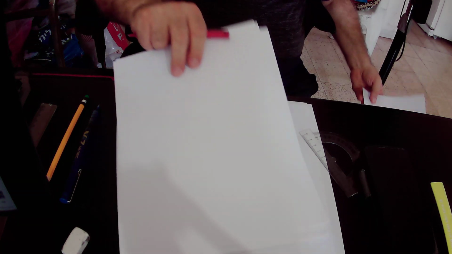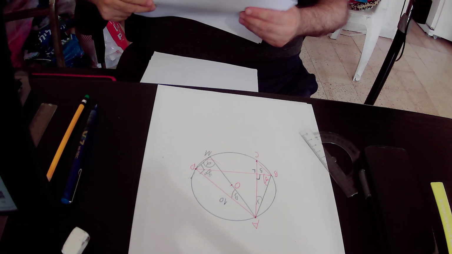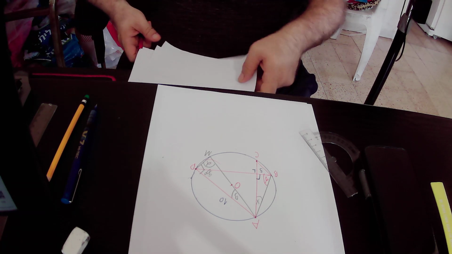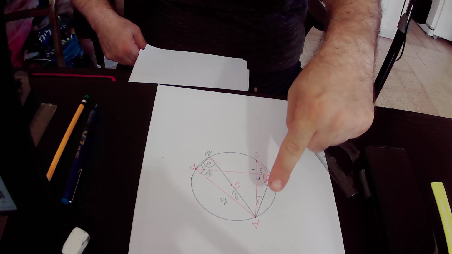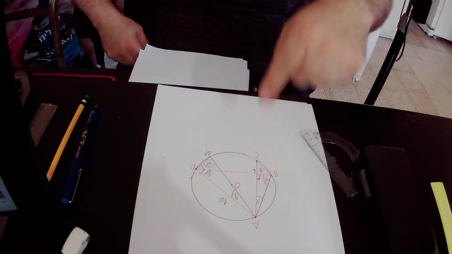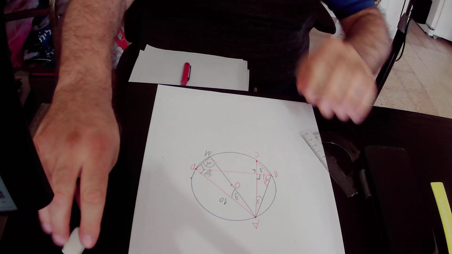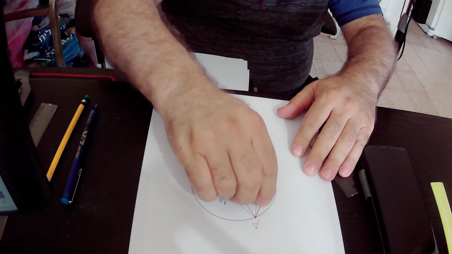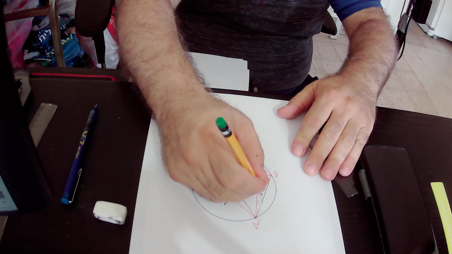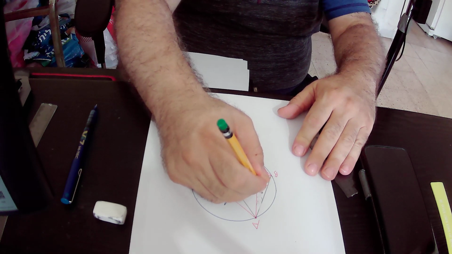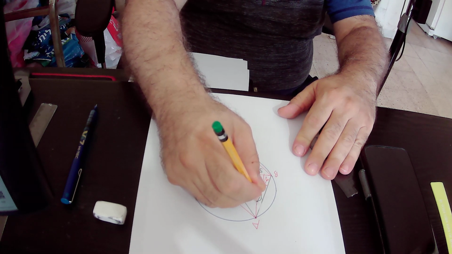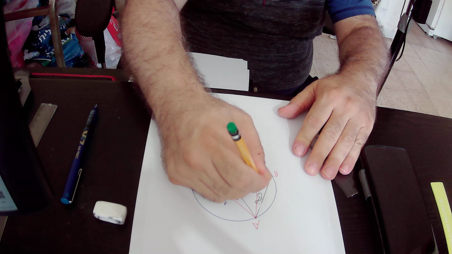So actually we can substitute x in the right triangle ABL by beta, because x equals beta. So I write here that angle ABL equals beta.